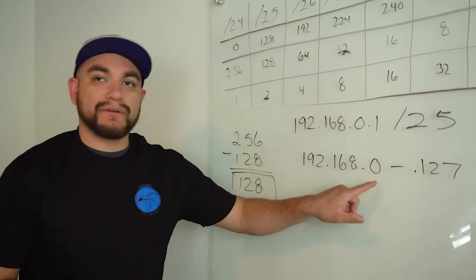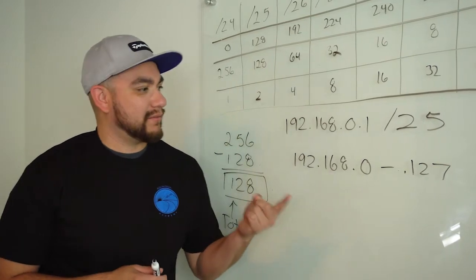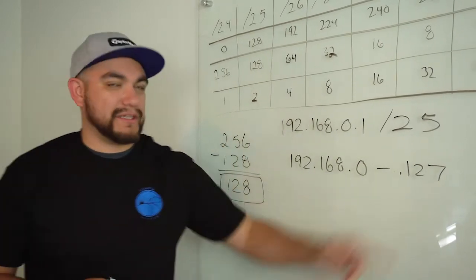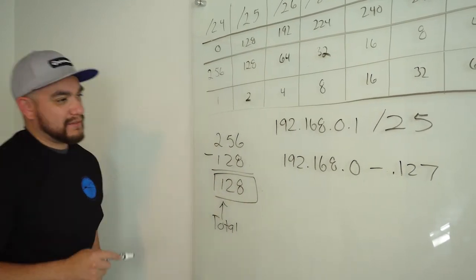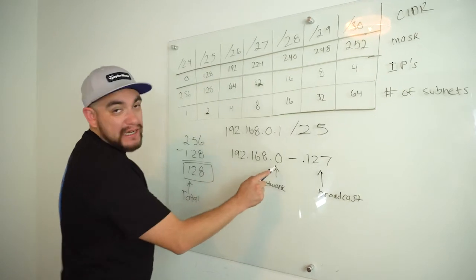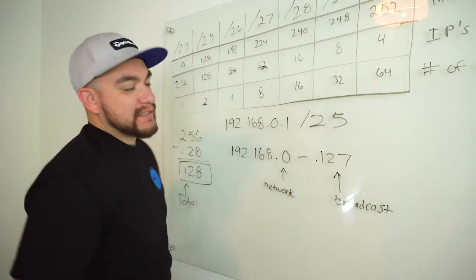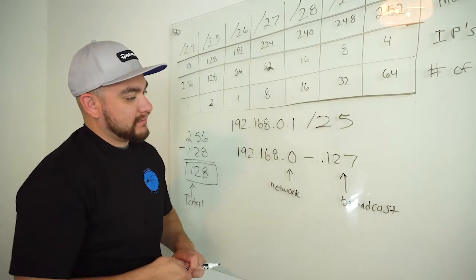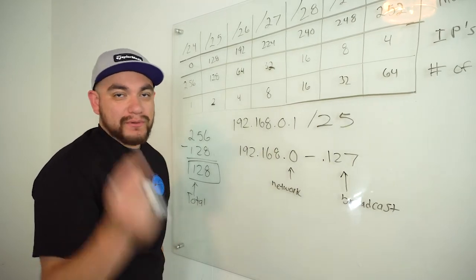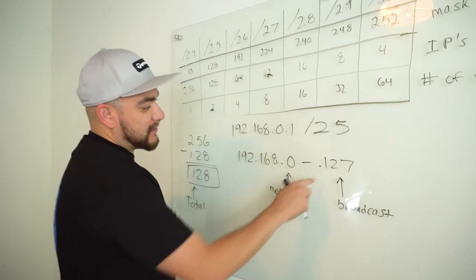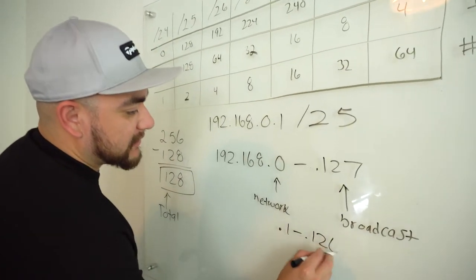It's because .0 is still an IP address. So if we start counting from 0, 0, 1, 2, 3, 4, 5, and we go to 127, that is our total number of IPs. Okay, so .0 is our network address, and .127 is our broadcast. Okay, so the usable IPs, or the usable hosts within this particular range, is .1 to .126.